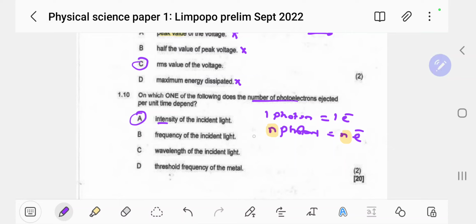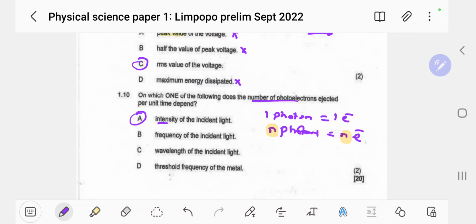The frequency of the incident light only tells us whether we can eject or not, but it doesn't tell us how many electrons are going to come out. It just gives us the idea of whether electrons will be emitted or not, if it is above the threshold of the metal that we're shining the light on.